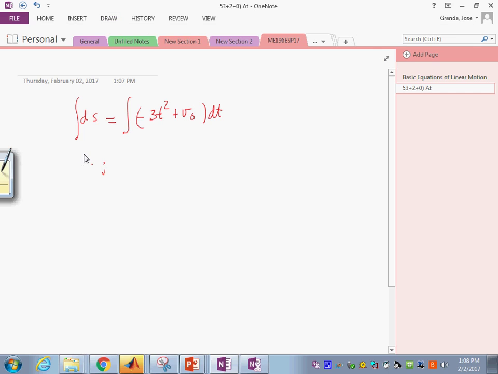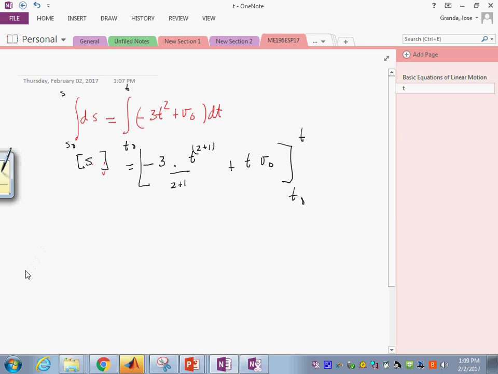If you integrate this, the left side is just s between s sub 0 and s, and the right side is between t sub 0 and t: minus 3 times t to the 2 plus 1 divided by 2 plus 1, plus t times v sub 0, and this whole thing between t sub 0 and t.